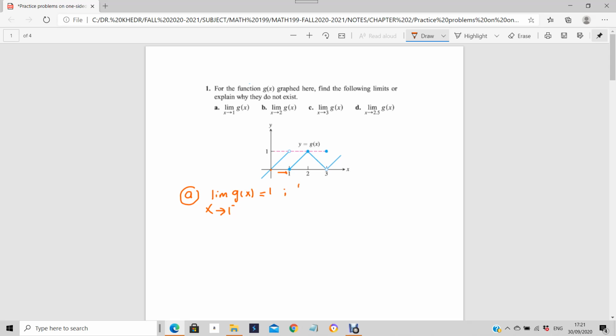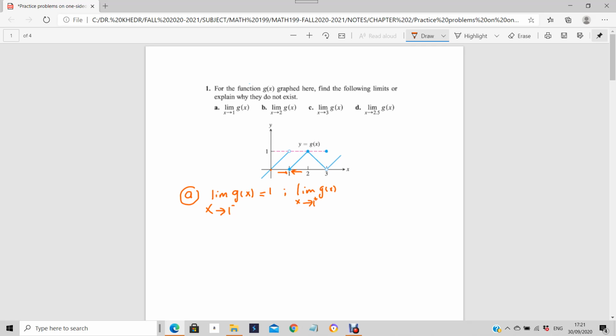And then we have to find the right side limit, the limit of g of x as x goes to 1 positive. Positive means we are approaching x equals 1 from the right side. So we are moving from, let's say, x equals 2, and we are approaching x equals 1 from the right side. So we have to find the graph of the function in this region.